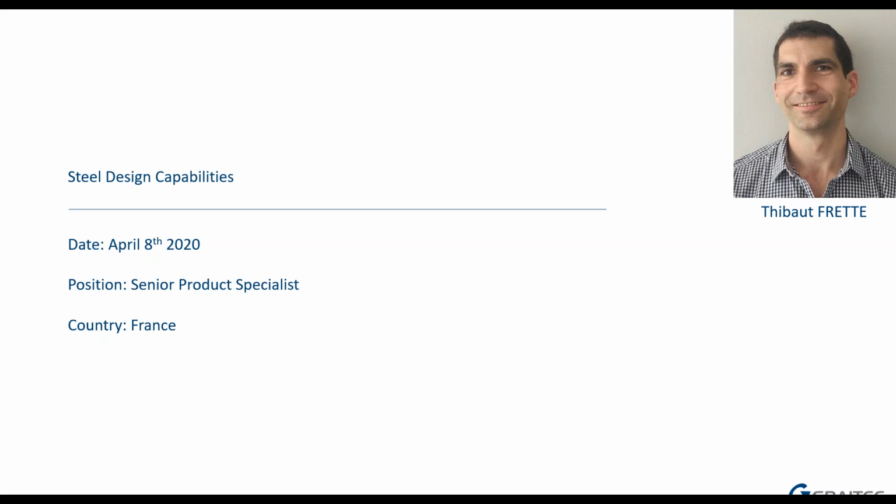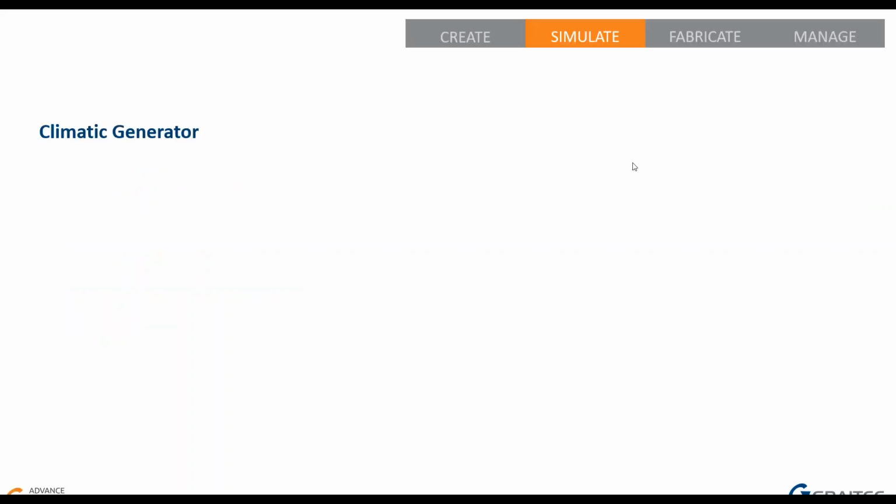All right, so let's start and talk about steel design. And actually, when you think steel design, it's always more than that, because steel buildings can be highly affected by climatic loads, like wind and snow cases. So for an efficient steel design, you will need a strong climatic generator.